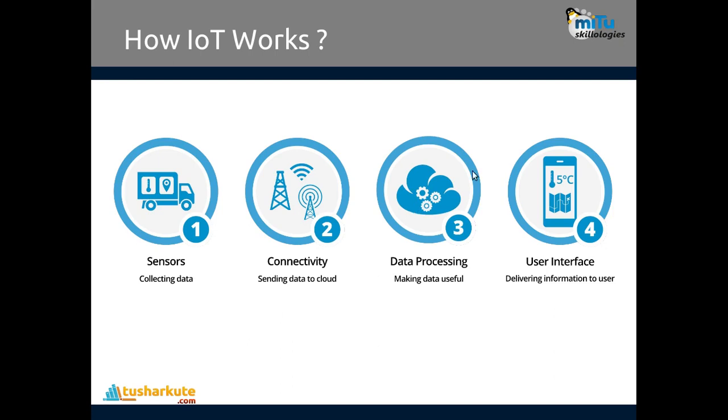After that, we make a user interface by which you can see what exactly is happening inside the IoT system that we created. This interface can analyze, monitor, communicate, and control this IoT system easily.